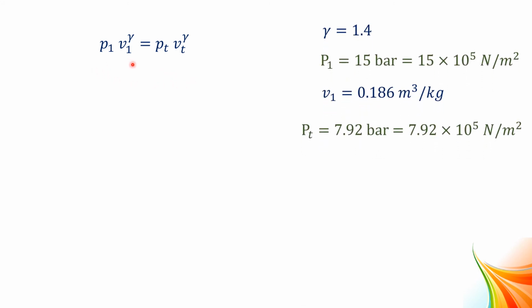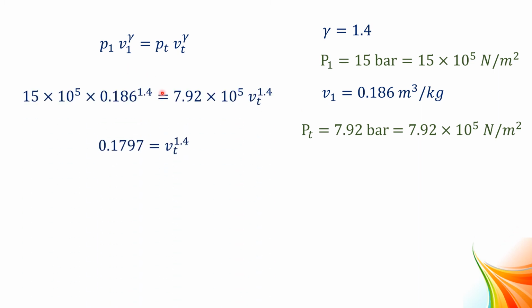Now P1 V1 power gamma equals Pt Vt power gamma. So we know the values of P1, V1 and Pt. Now substituting these values here, you get Vt equal to 0.2935 meter cube per kilogram.